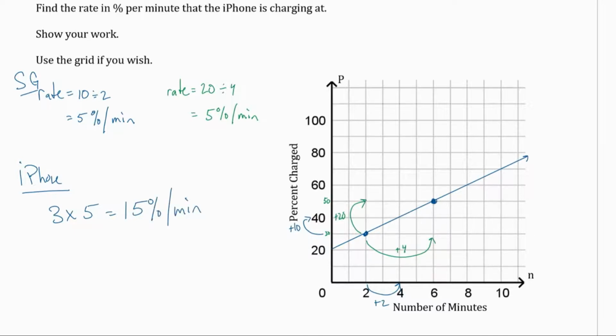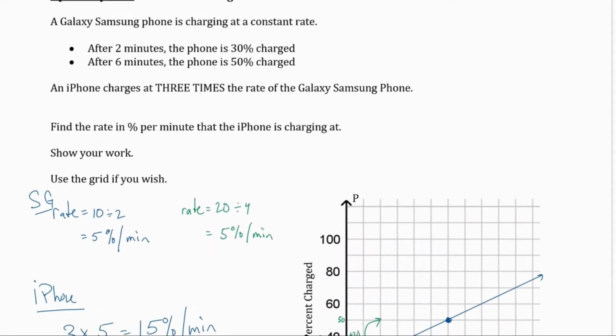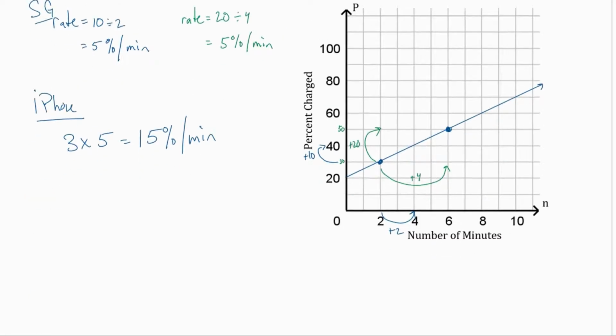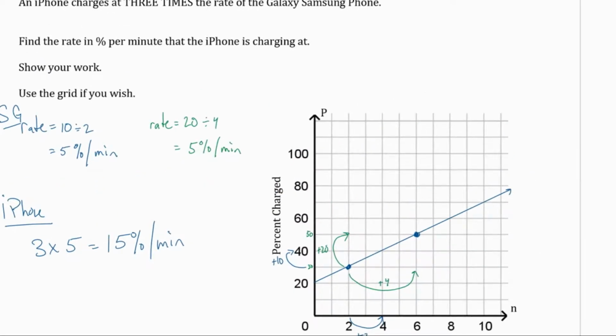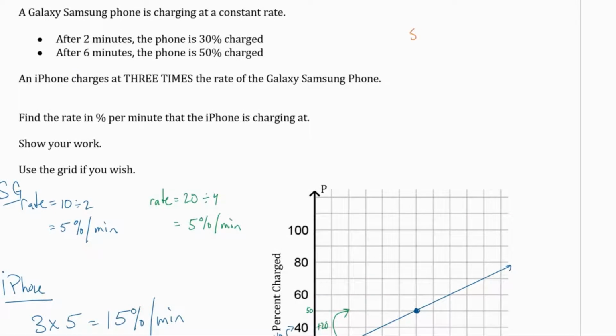So again, take a look. I was given information about one of these. I was just told the iPhone is 3 times the other one. I had to find the rate of the Samsung with the information that I was given. I did graph it. I suppose I could have just done something like 50 minus 30 divided by 6 minus 2, because that's 20 divided by 4, which is 5, the same as I got there, right?